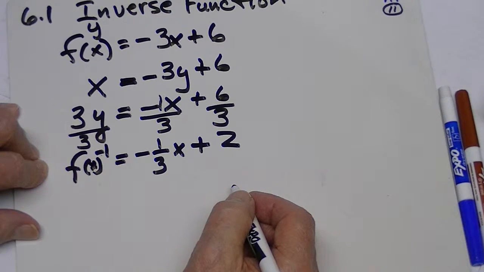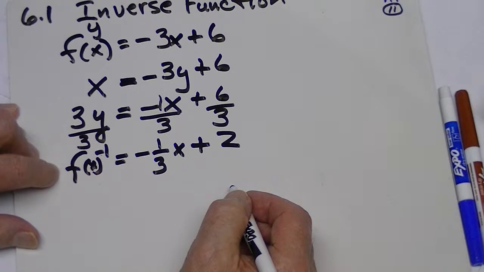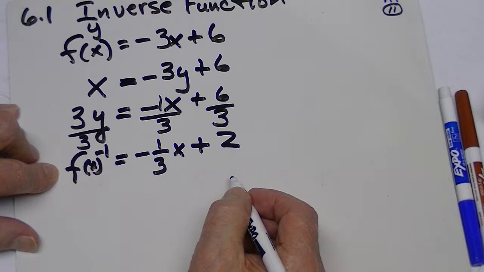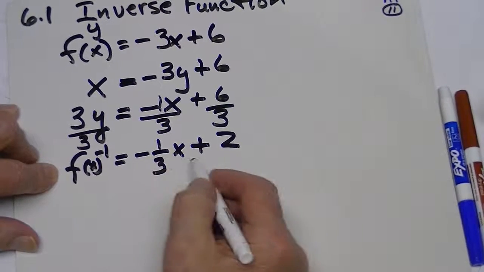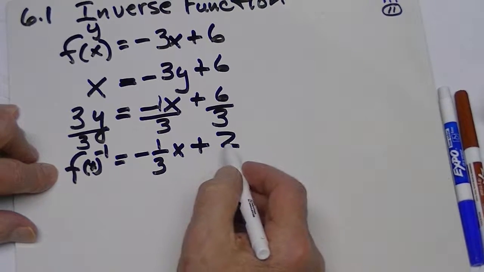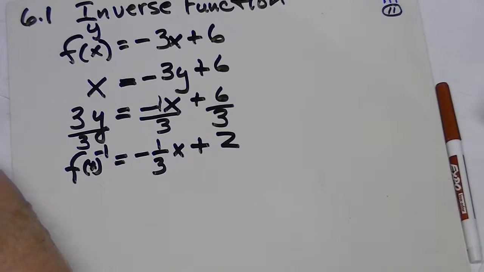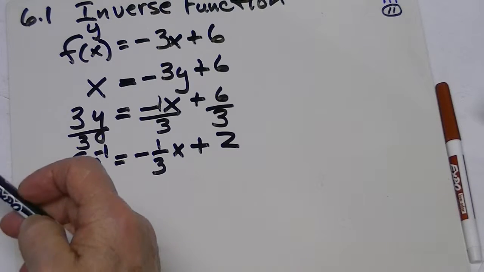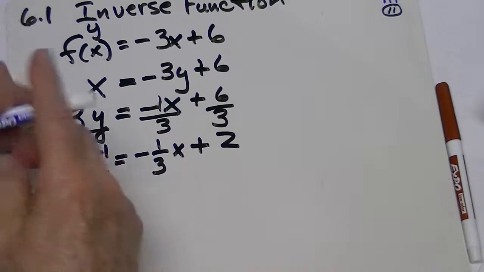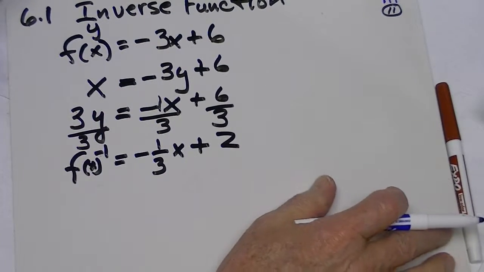And we now have it in inverse form. Now we are asked to graph this, so our y-intercept will be 2, and our slope is negative 1/3. So let's put that in there now.